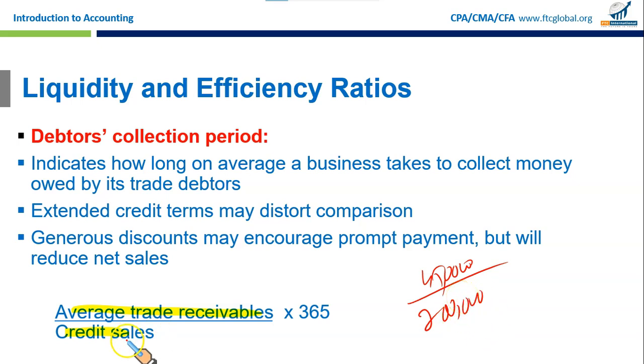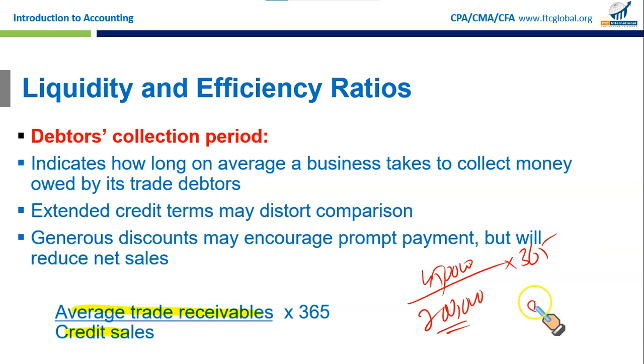You don't take the full sales that includes cash sales, just credit sales. But if it isn't available in the question, and you are given just a single figure for sales, only then you have to take that number. Ideally, you need to take credit sales because credit sales generates accounts receivable. So 45,000 upon 200,000 times 365 should give you the average collection period.